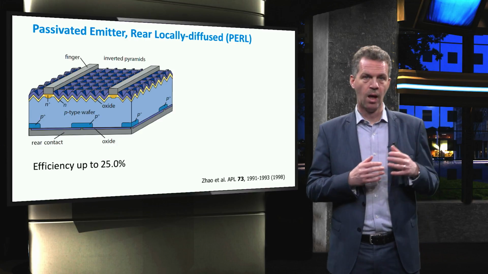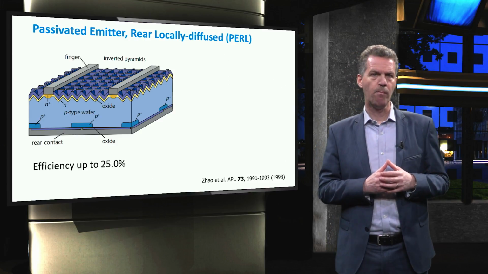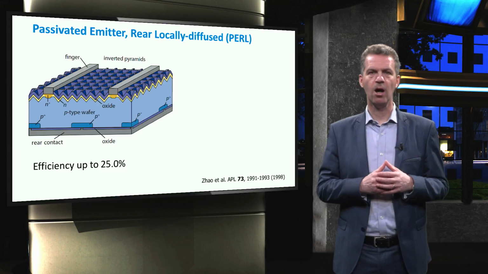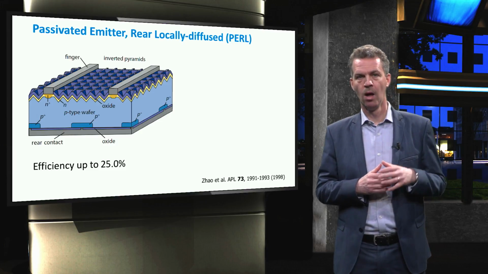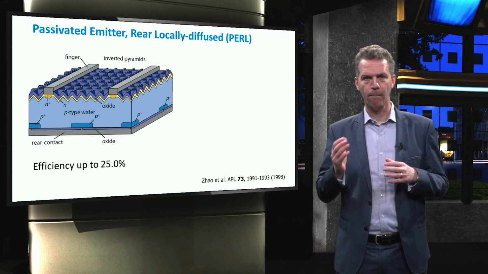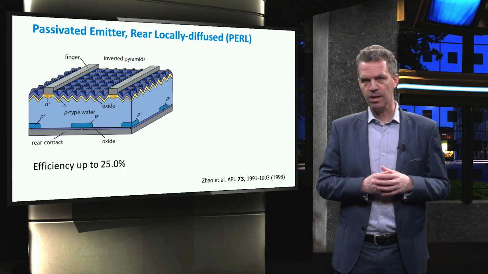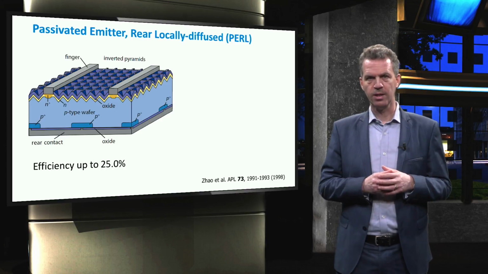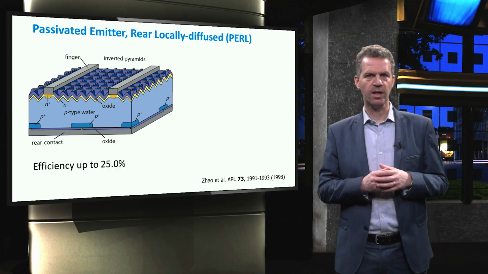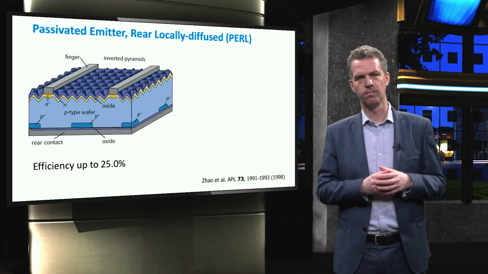The PERC technology was further developed as there was still a lot of potential by improving the backside of the cell. This resulted in the PEARL technology in the late 1990s. At the end of the last century, the PEARL solar cell was introduced as a high-efficiency concept solar cell. PEARL is the acronym for Passivated Emitter Rear Locally Diffused. As we can tell from this illustration, this design includes all the considerations that have been discussed in the previous videos.